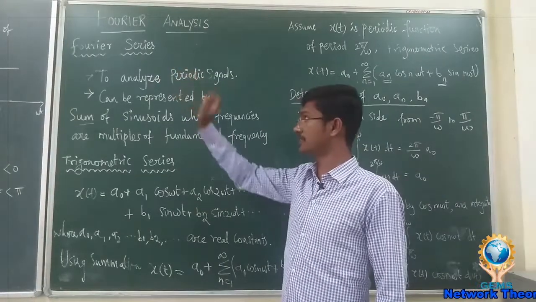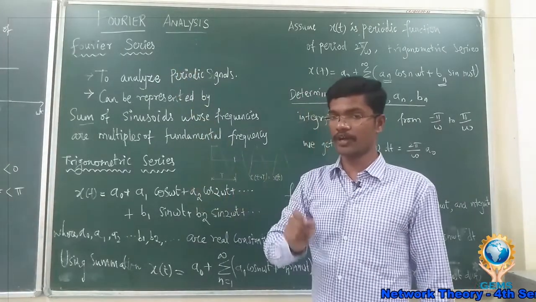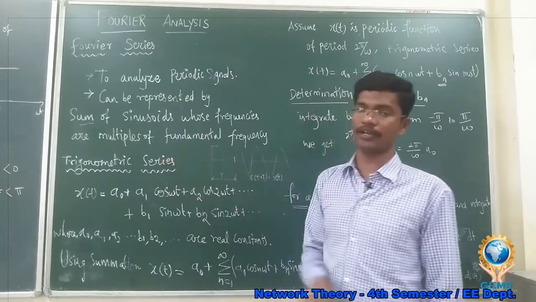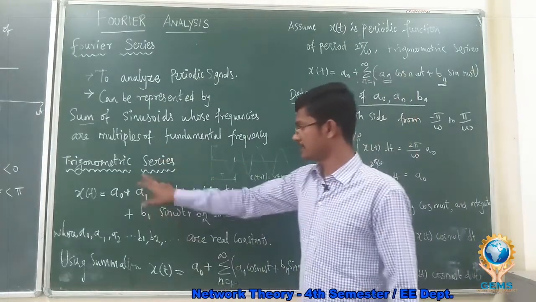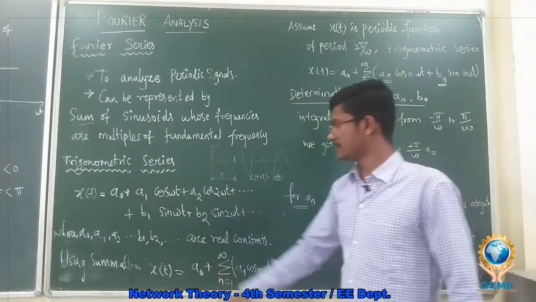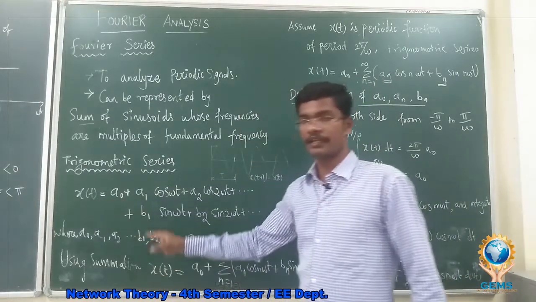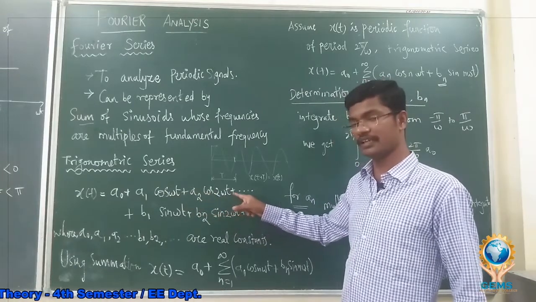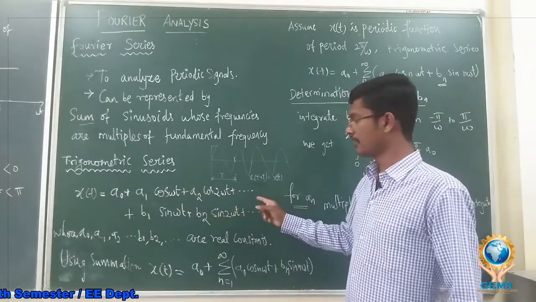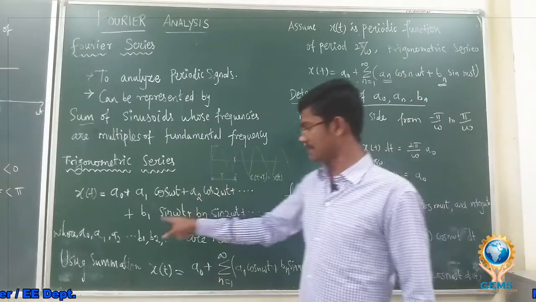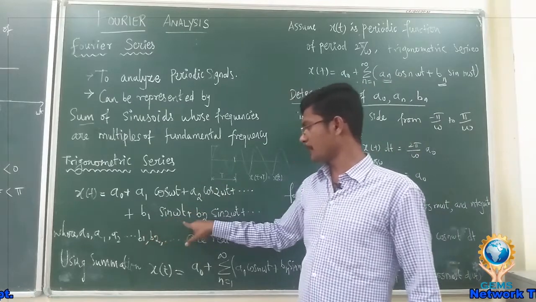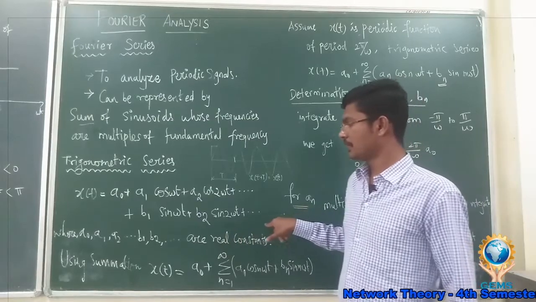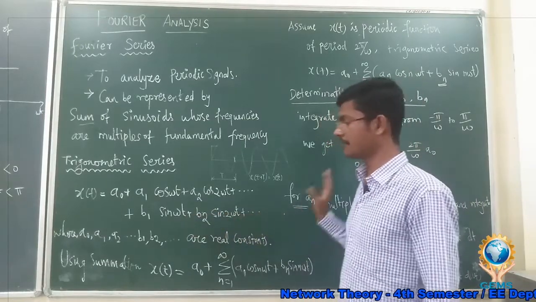Actually, what is this Fourier series? This is the sum of sinusoids of frequencies that are multiples of the fundamental frequency. This is the trigonometric series. In this, we can see x of t equal to a0 plus a1 cos omega t plus a2 cos 2 omega t plus a3 cos 3 omega t, it will go like that, plus b1 sin omega t plus b2 sin 2 omega t plus b3 sin 3 omega t. Like that, the series will continue.